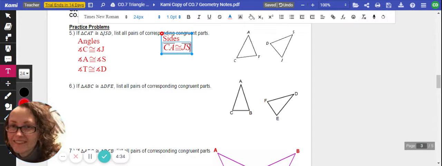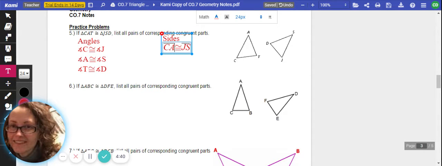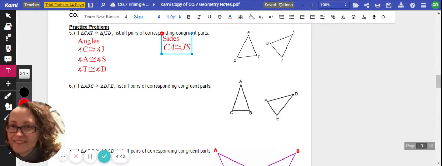So I can go ahead and say that those two are going to be congruent. Again, it really is just that simple. I just need to pick the first two letters here and the first two letters here, and then CA and JS are the ones that are corresponding and congruent.